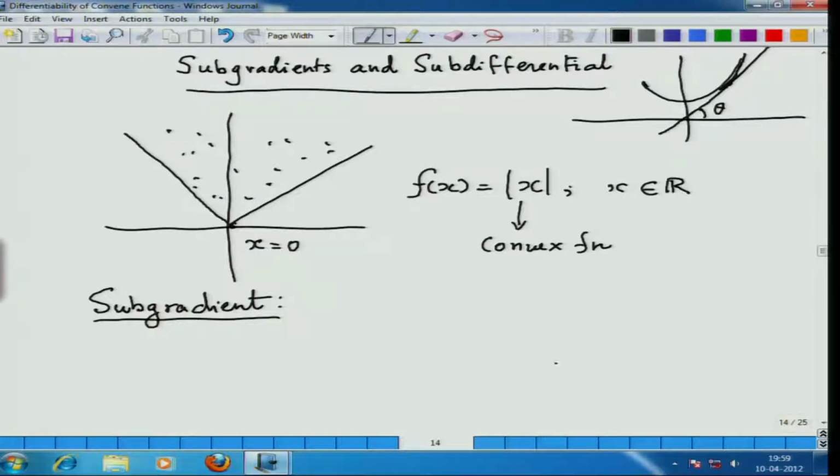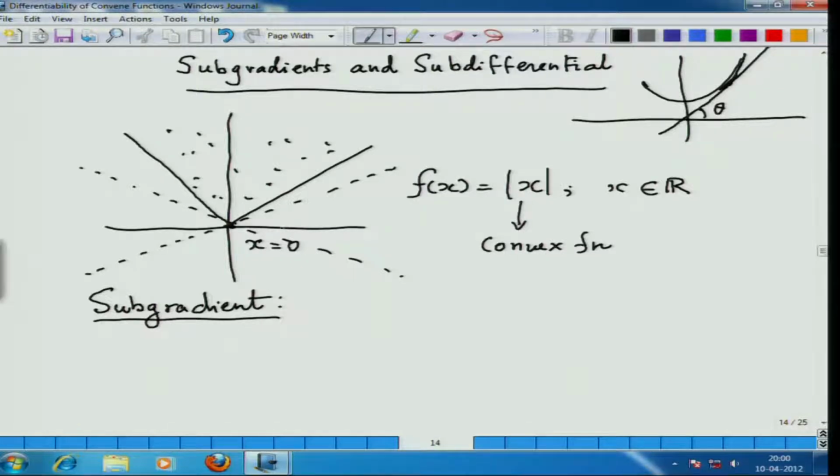Here we cannot talk about such a single nice tangent. For example, at x equal to 0, you can say this line is a tangent, and this line is a tangent, equally correct, because they are not touching the body of the epigraph, and they are just touching the curve at only one point, x equal to 0.